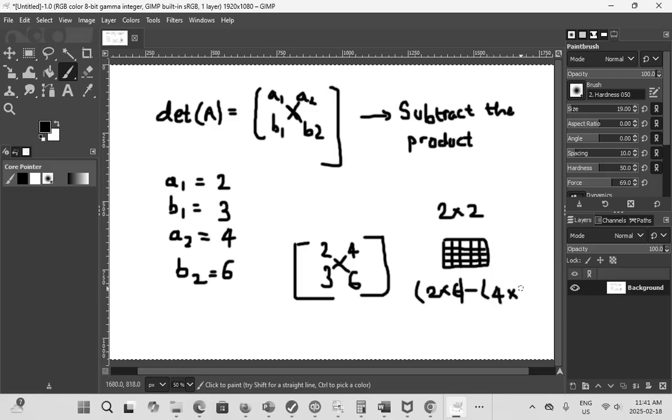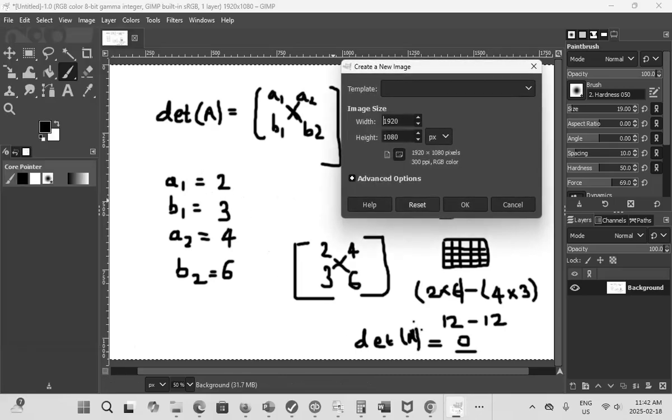So 4 times 3 over here. This will be 12 minus 12, which is equal to 0. So your determinant, or DET A in this case, determinant A, is equal to 0.